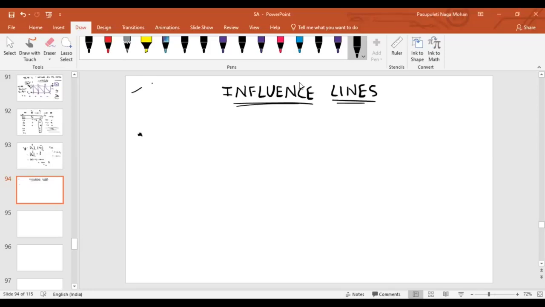Okay, now let us start with a simple example. Let us say we have considered a simply supported beam. Let us imagine that there is a point load somewhere here. I think you guys will quickly tell me the answer.